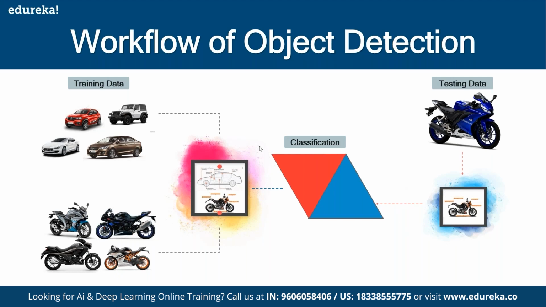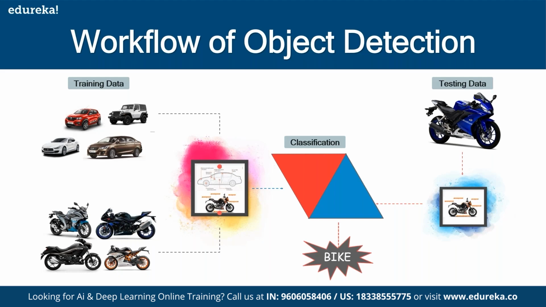So that's how a typical object detection flow will be. This is actually talking about classification, and once we have done that, we can also draw a bounding box around it and say where exactly that given object is. So this is just an overall view of how the training will be.